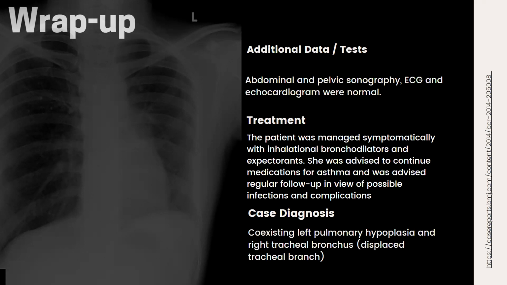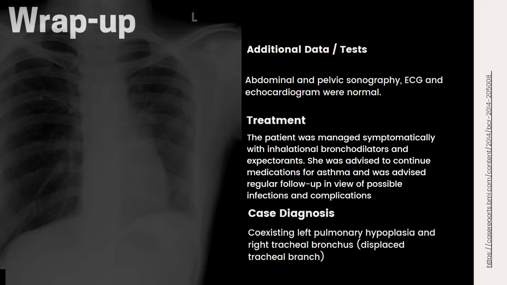Okay, to continue on with this case study, so abdominal and pelvic sonography, ECG, and echocardiogram were all normal. To treat the patient, she was managed symptomatically with inhalational bronchodilators and expectorants.